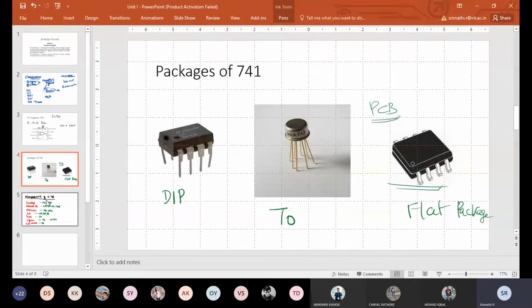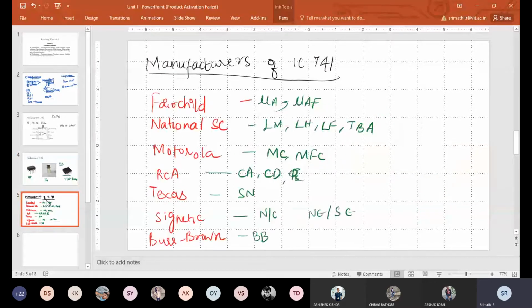The manufacturers producing the 741 are Fairchild, National Semiconductors, Motorola, RCA, Texas, Signetics and Burr Brown. Each manufacturer has its own codes, short forms or abbreviations, so based on the codes we can identify the manufacturer. Fairchild is usually designated as MUA or MUAF.